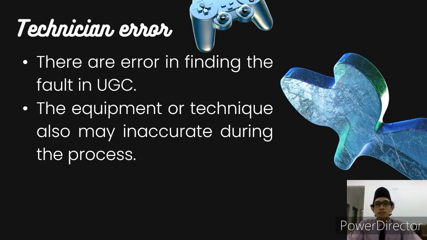So with that, the technician must take a lot of precautionary steps before finding the fault in the underground cable, because underground cable is not easy to find faults in. It is located underground where we cannot see with our eyes, and also the underground cable is very long and has many branches, so we cannot just find the error in such a short time.